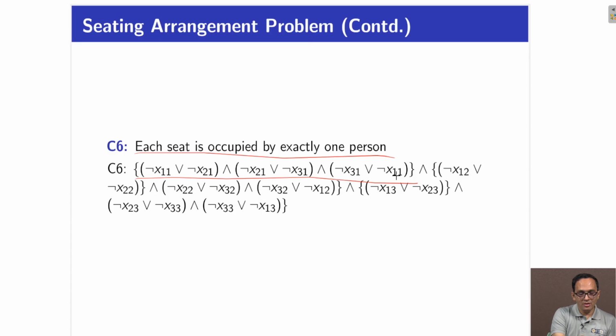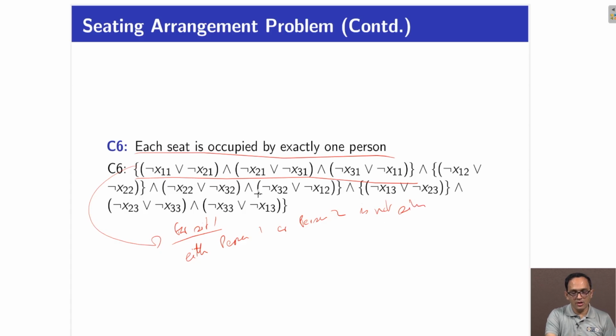What does it mean? It is saying that for seat 1, either person 1 or person 2 is not sitting. Then this says that either person 2 or person 3 is not sitting in seat 1.